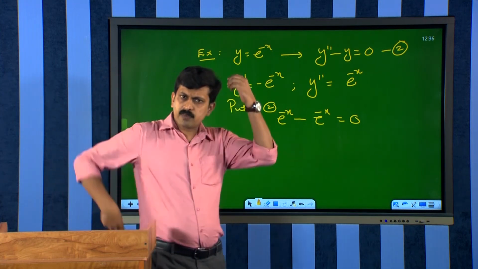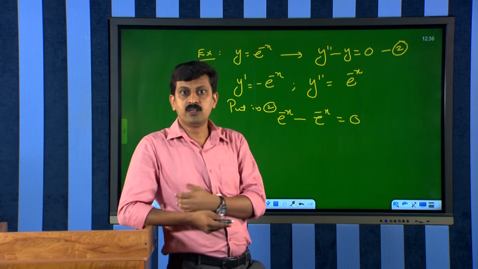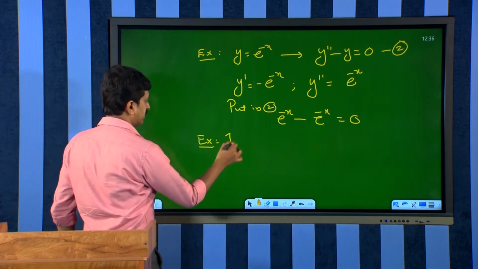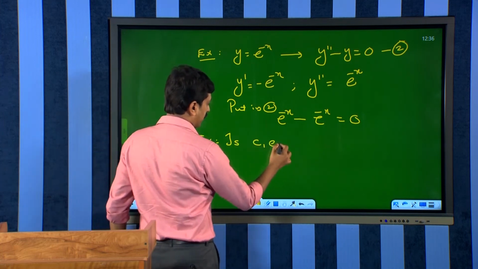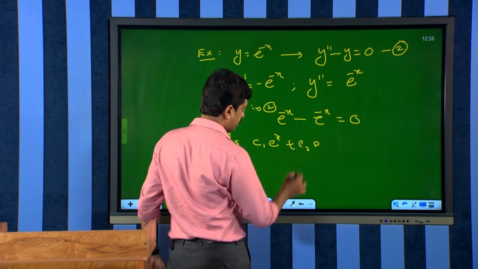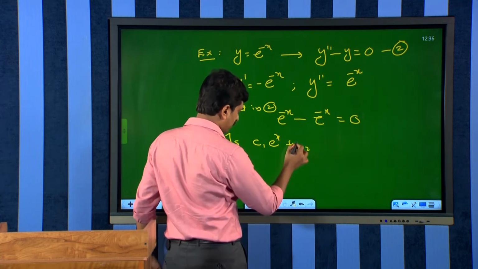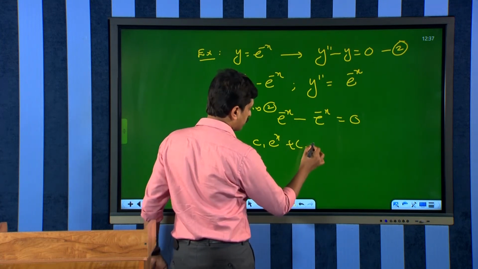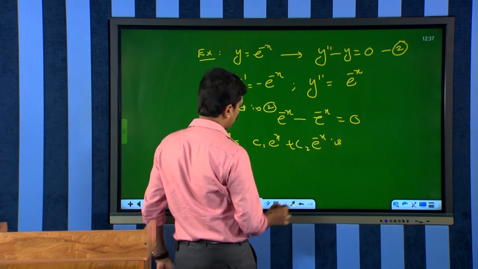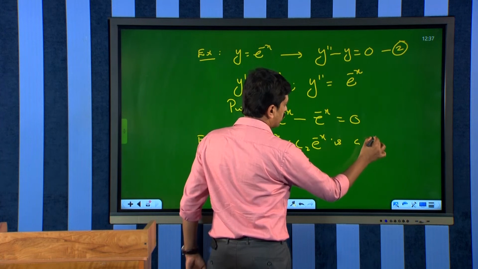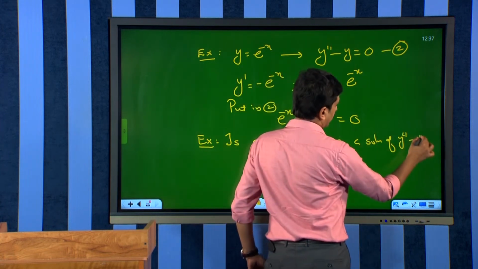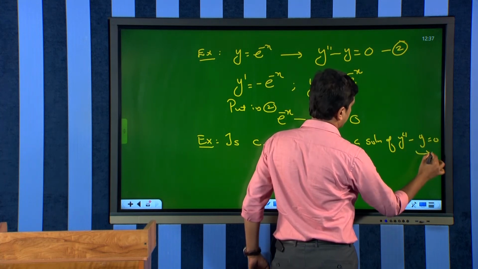As we did in the previous example, we have to check whether C1 e raised to x plus C2 e raised to minus x is a solution of y double dash minus y is equal to 0. That is our equation number 2.